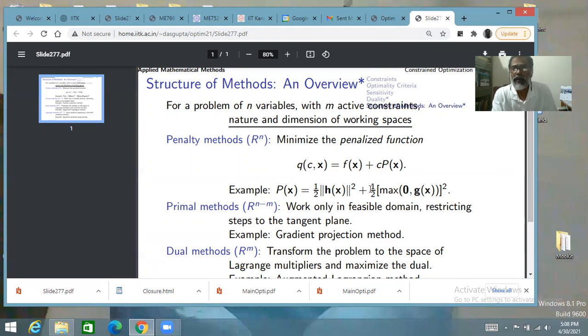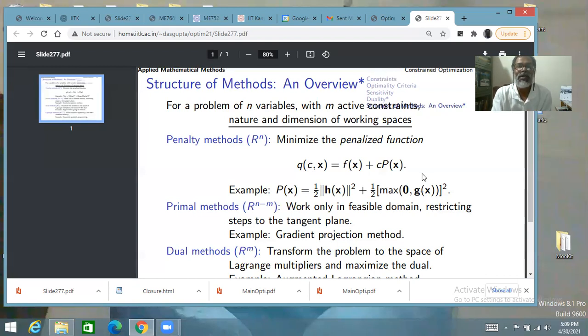If the constraints are all satisfied, then this is 0 and this is also 0. If some g is negative, then this 0 will dominate the max. If some constraint is violated, whether it is one of these or one of these, then it will start going positive. It can never be negative.